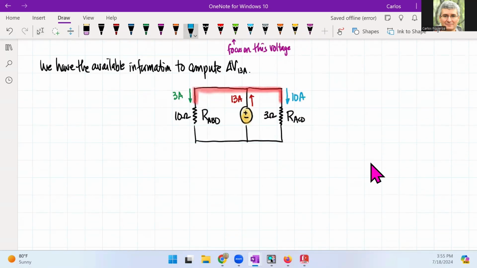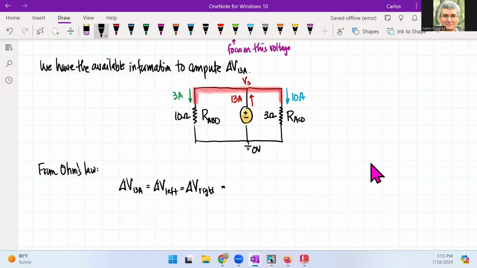Since this is V source, which is what we want to calculate, and this guy down here is the ground, from Ohm's law the voltage of the 13 amp source has to be the branch on the left, which also has to be the branch on the right, and they should give us the same values.